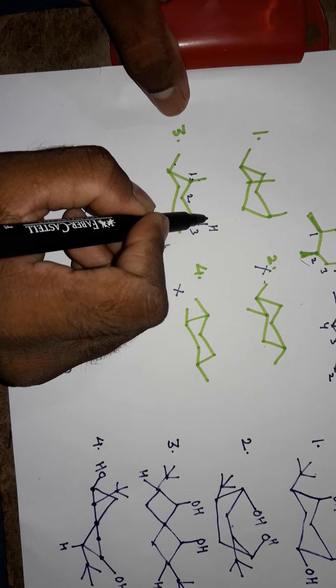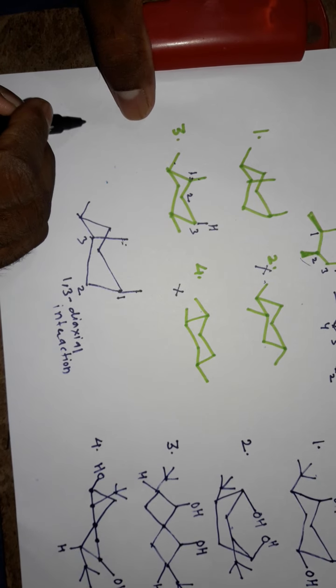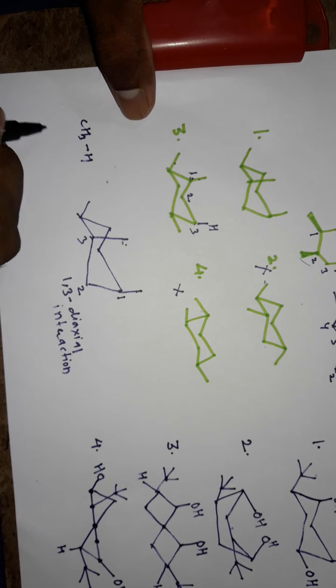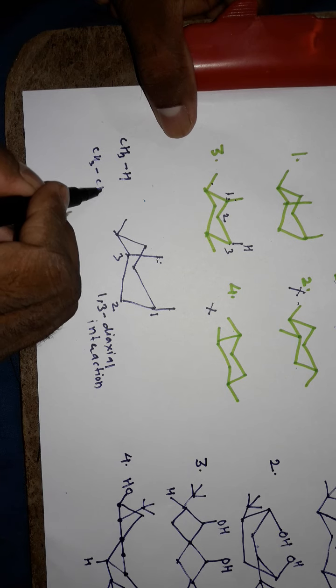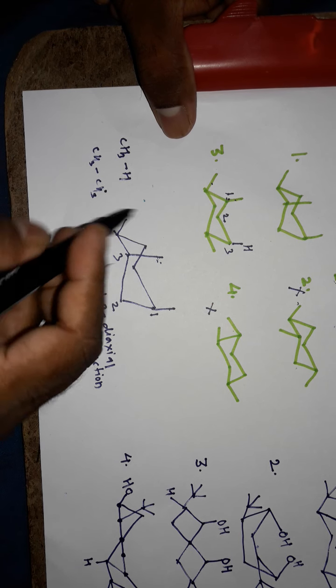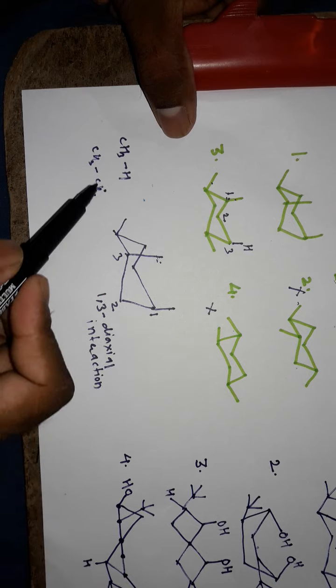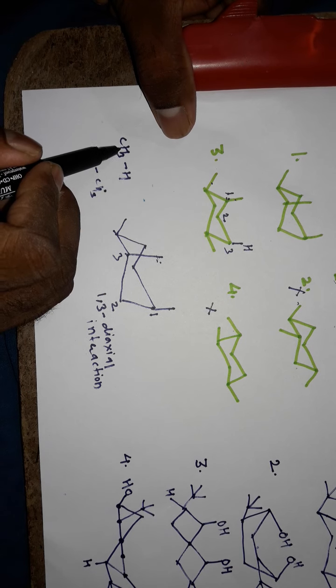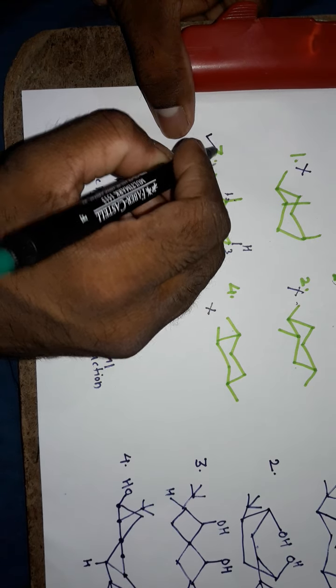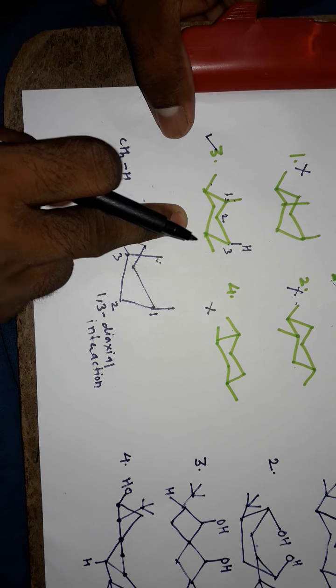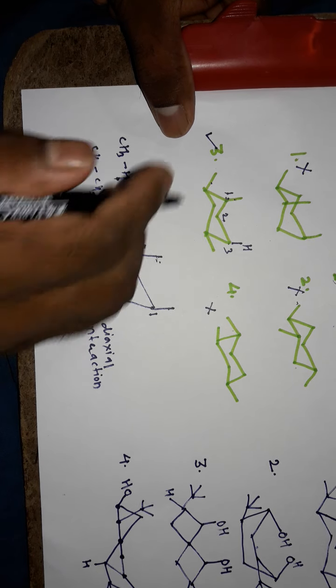So there is a 1,3 diaxial interaction also, but if we compare the 1,3 diaxial interaction between methyl and hydrogen with that between methyl and methyl, methyl and methyl contain a higher proportion of 1,3 diaxial interaction than methyl and hydrogen. So in comparison there is less 1,3 diaxial interaction, and the correct option is the third one.